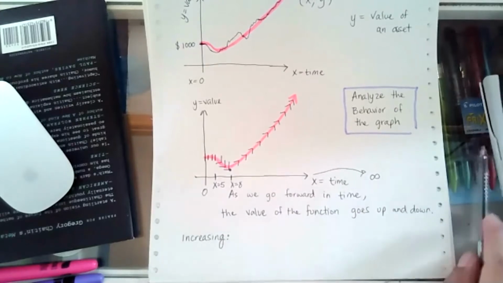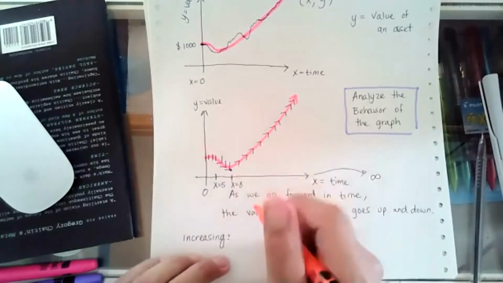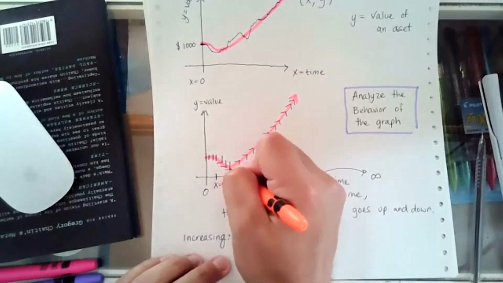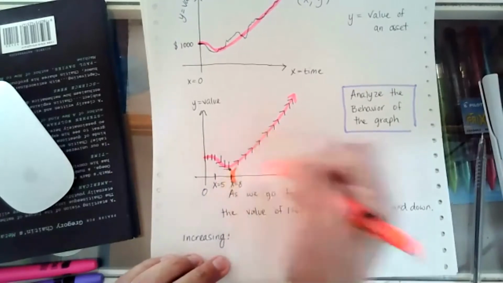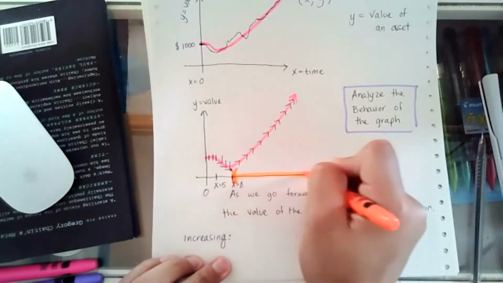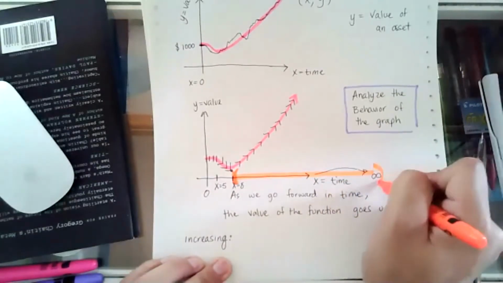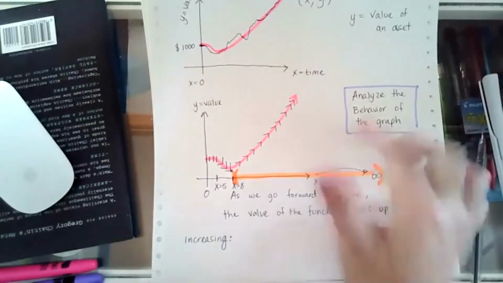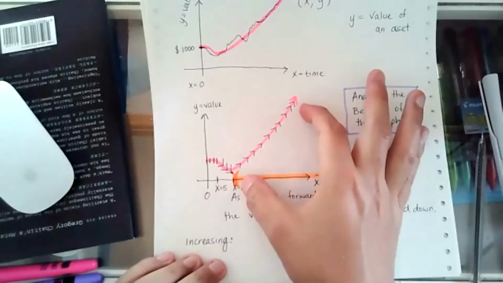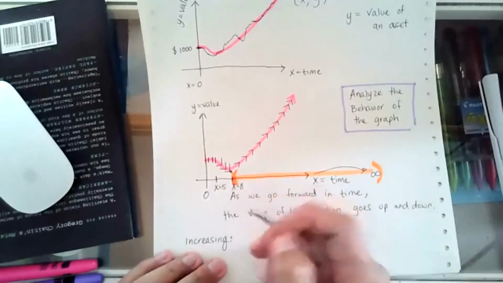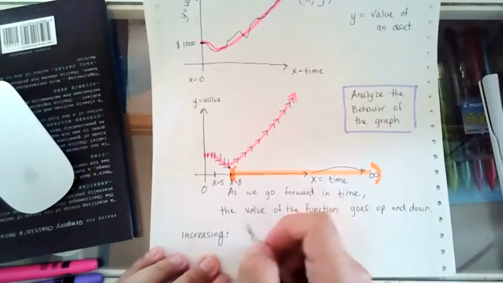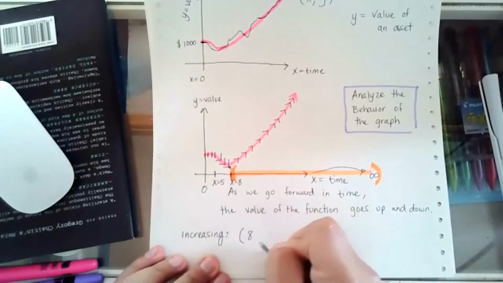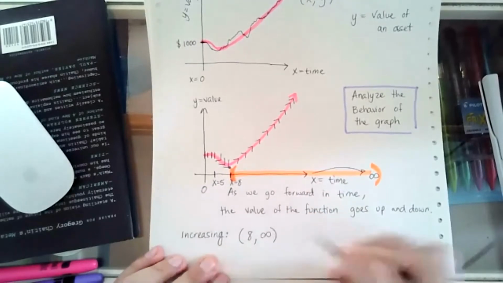So what I can say is that for this segment of the graph from 8 all the way to infinity, well, it looks like the graph is increasing. So I'm going to say that this graph or this function is increasing from 8 to infinity.